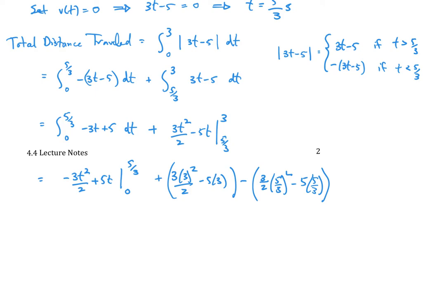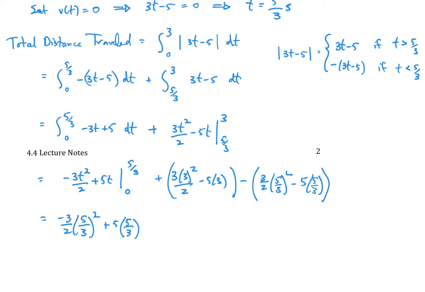I still have to simplify that first piece over here. For this first piece, we're going to have negative 3 over 2 times 5 over 3 squared plus 5 times 5 over 3. And when you substitute the 0, you're going to get a 0 coming out.